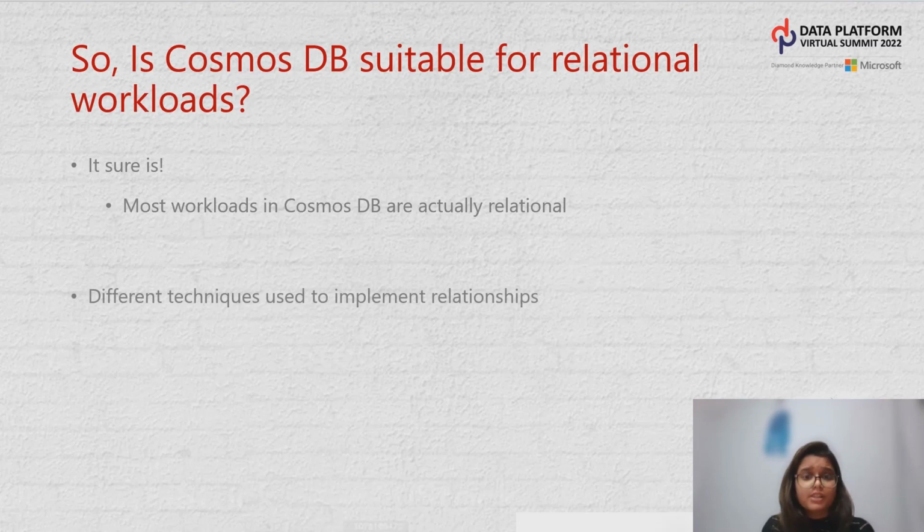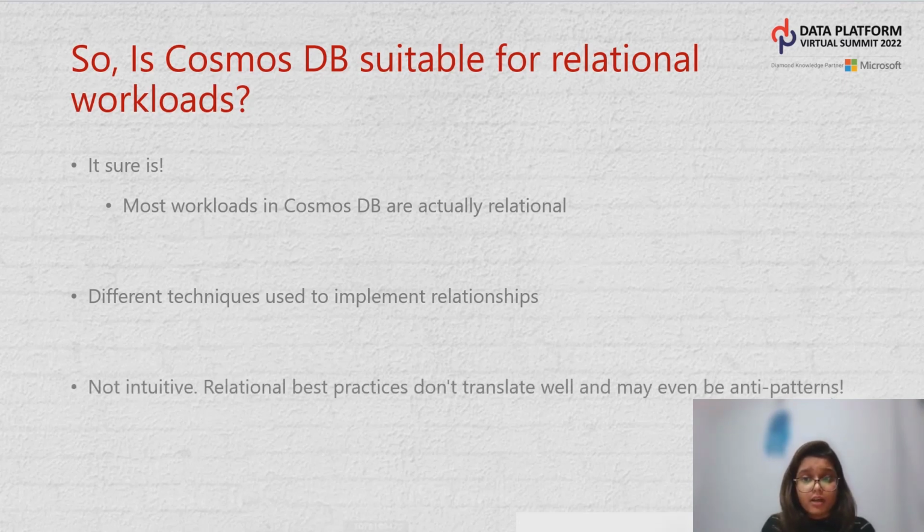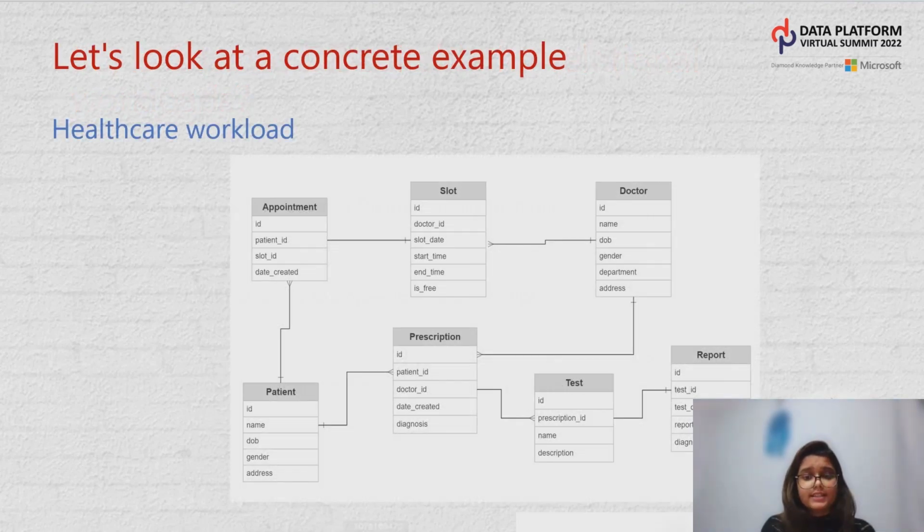So how to think about modeling data in Cosmos DB? We actually have to shift the paradigm about data modeling and how we think about them in the relational world. We need to change our approach and think of intuitive ways to model data. So let's take a concrete example.